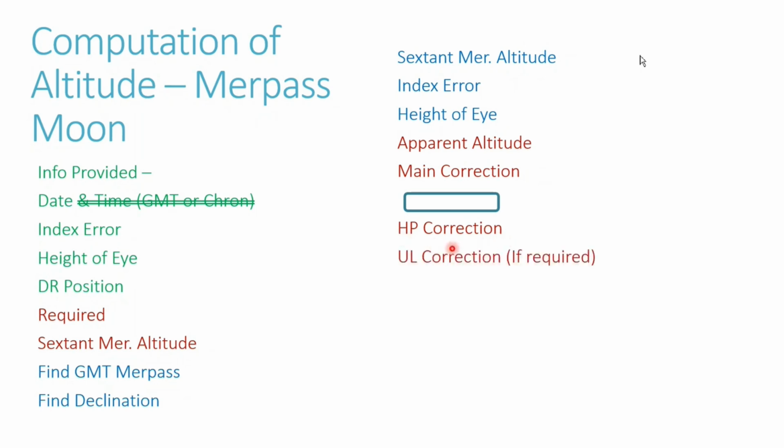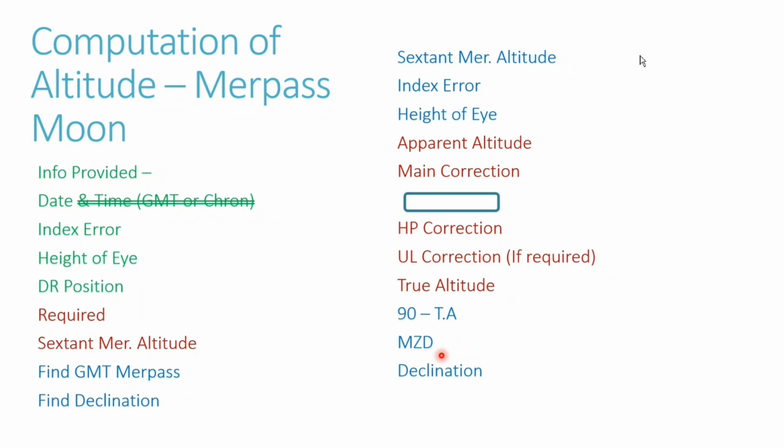So once you apply these two, if it is an upper limb observation, you apply the upper limb correction also, which is minus 30 minutes. Once these corrections are applied, we get the true altitude of the moon. So 90 minus this true altitude gives us the MZD.